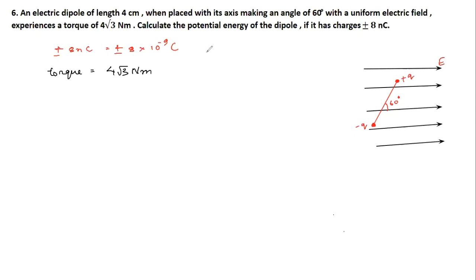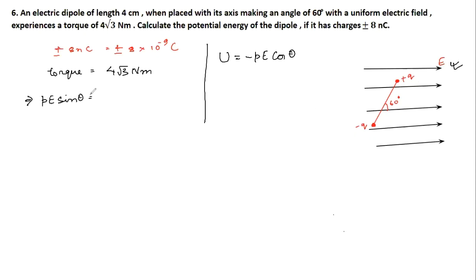Right. Now, if you remember, we had expressed our potential energy for a dipole as something like this, minus PE cos theta. This is the potential energy expression for a dipole when it is placed in any uniform electric field E. Right. So step by step, we are going to do it. First, we are going to use our torque expression, which is nothing but PE sin theta.